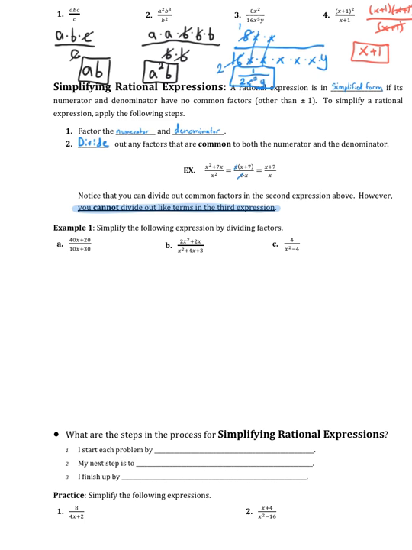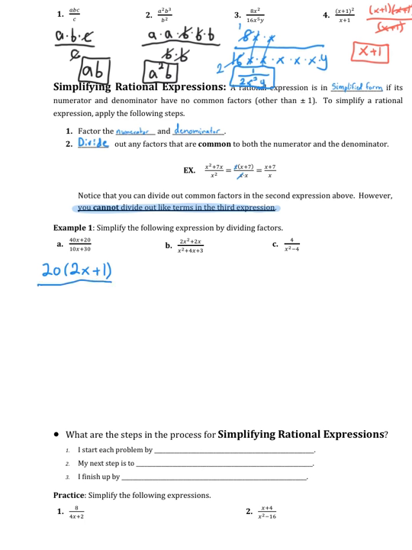So now we say simplify the following expression by dividing factors. So looking at part A here, I have 40x plus 20. So I know I can pull a 20 out of both of them. And I'm going to be left with a 2x plus 1. That's the numerator.